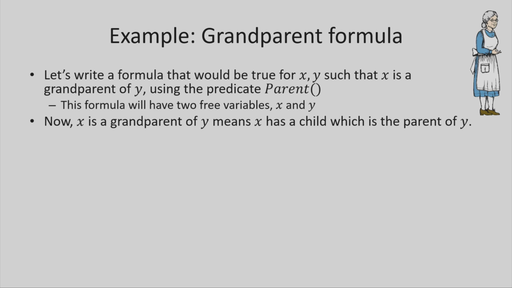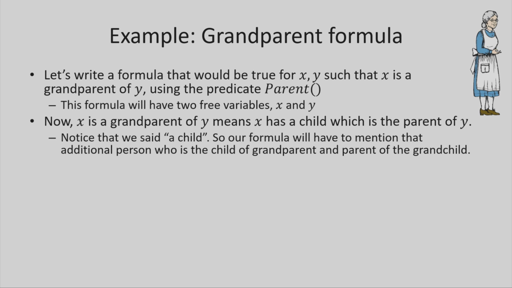So X is a grandparent of Y means that X has a child who is a parent of Y. So a son or a daughter of X is a father or mother of Y. So right away when you look at it, you say, well, this formula is talking about one more person. And this is that child of the grandparent and parent of the kid that we need to talk about. So we will need to use one more variable to talk about that person.